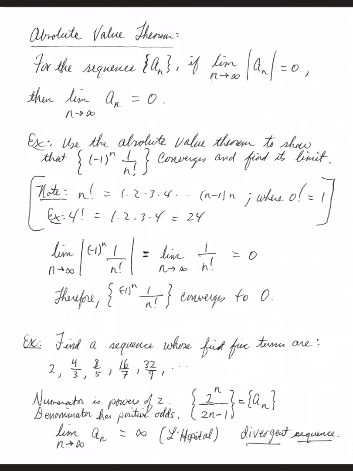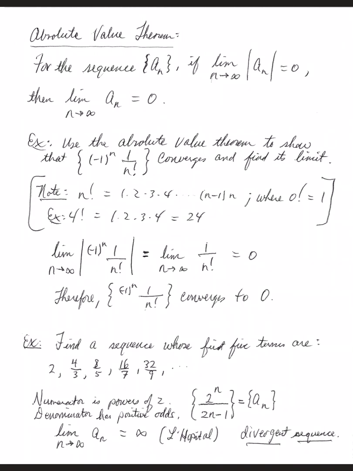We're going to use the absolute value theorem to show that this sequence converges, and because it converges, we'll find its limit. When you take the absolute value of an alternating term, all this term does is jump back and forth from negative to positive. When n is odd, the term is negative. When n is even, the term is positive.